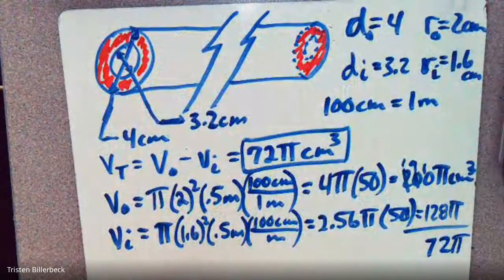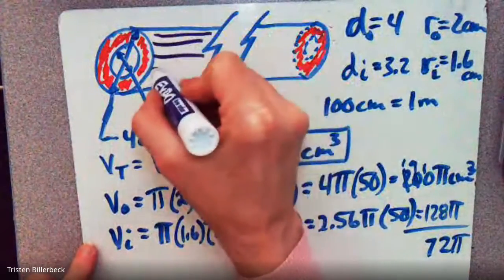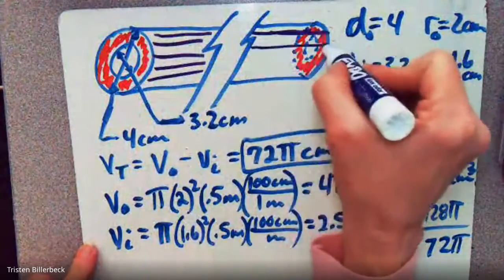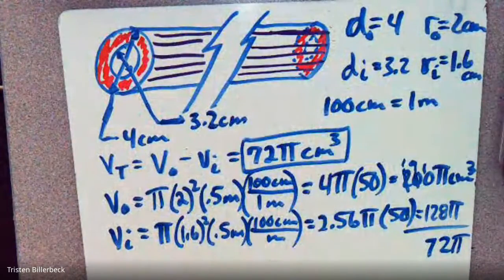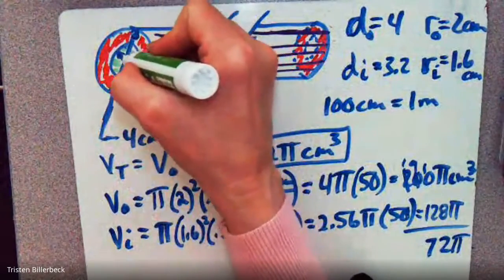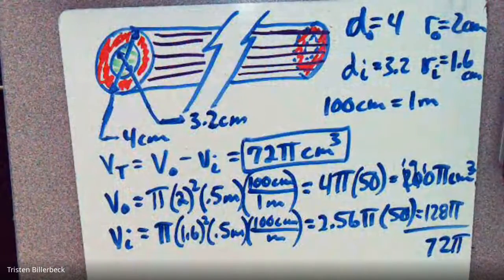Then we have to find this outer surface that goes across like that. After we find that, then we have to find the inside. So let's look at how we might do that.